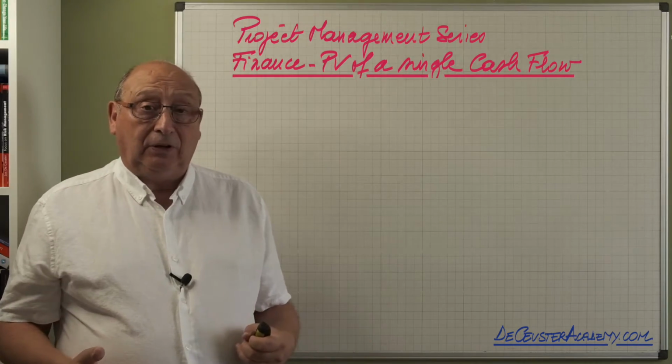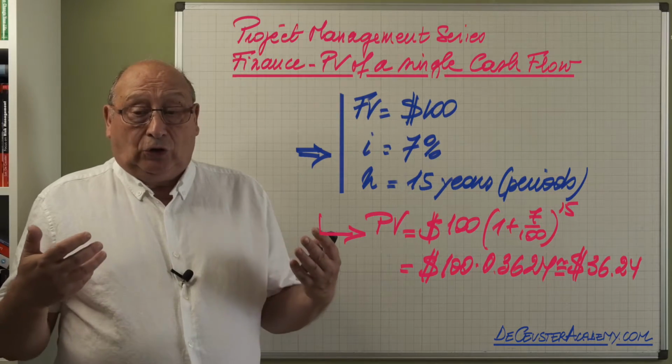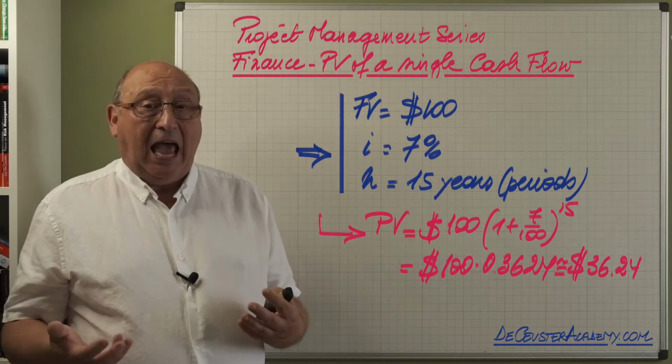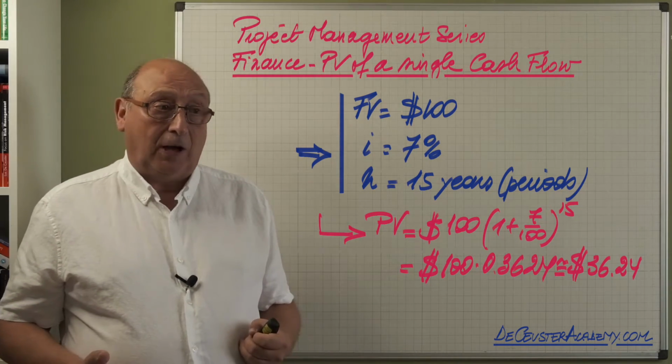Another example: now we have a future value of $100. The interest rate or discount rate is 7%, and we receive that in 15 years, for example.